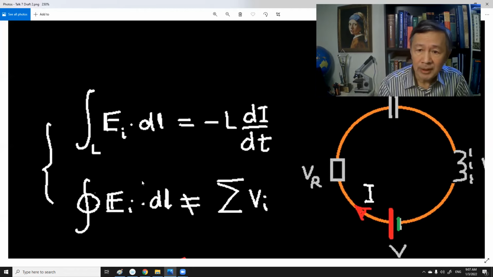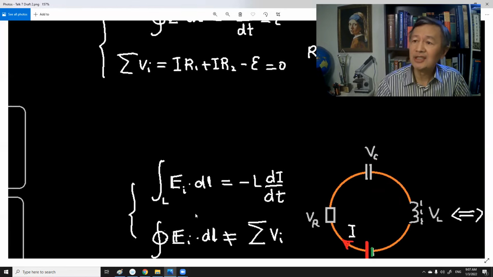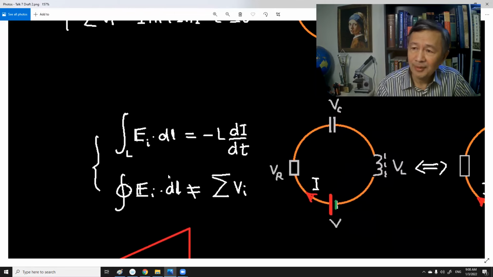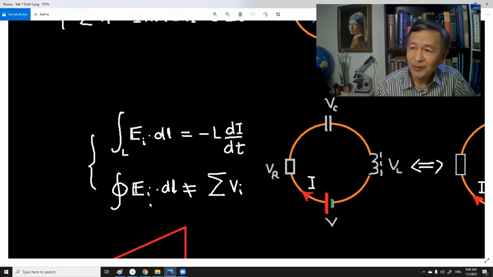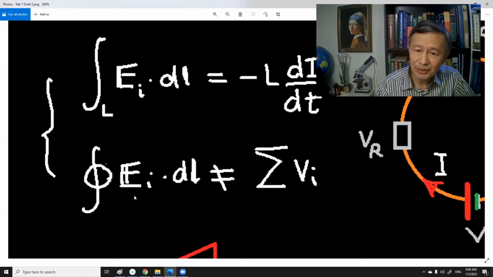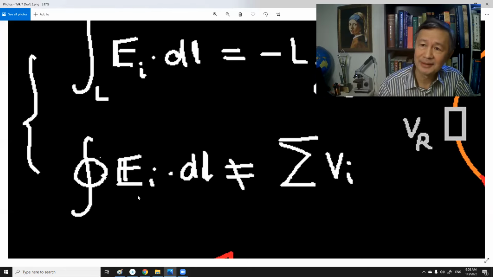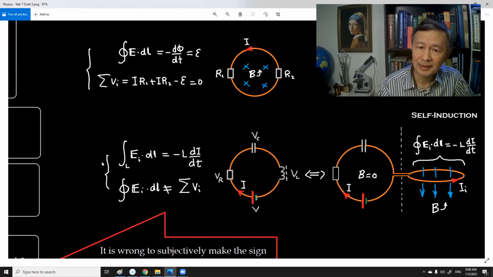In the Faraday law, this E is the induced electric field. But in Kirchhoff's law, if you insist on using the electric field, that electric field is actually provided by the source, the battery in his case.